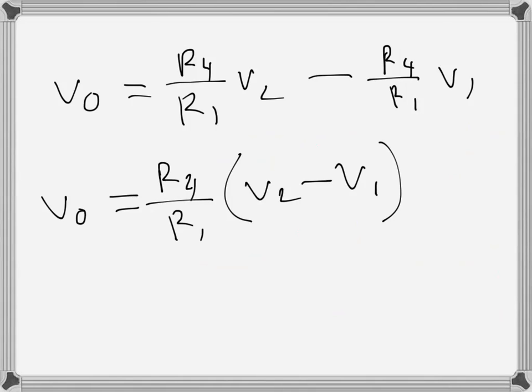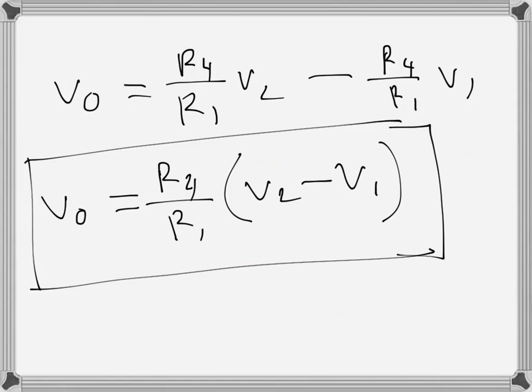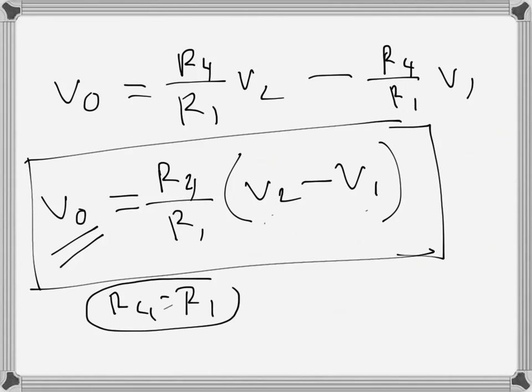So this is the expression of the differential amplifier. We have an output as the difference of two input voltages. And if R4 is equal to R1, we have just a subtractor, V2 minus V1.